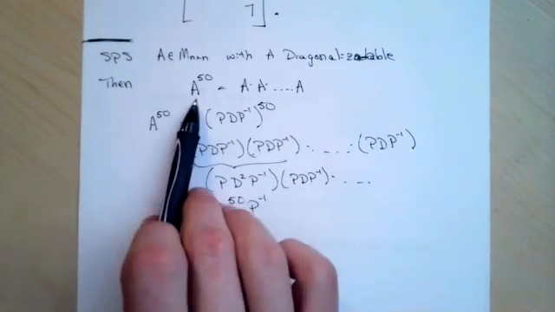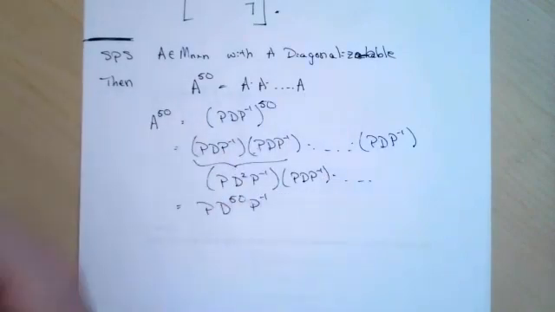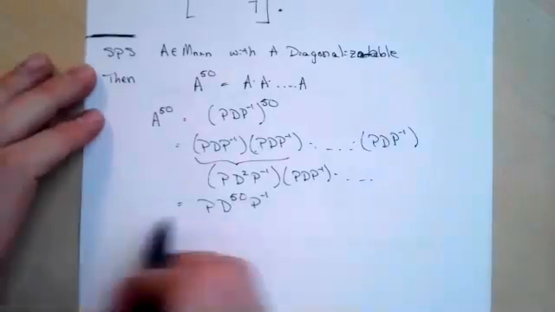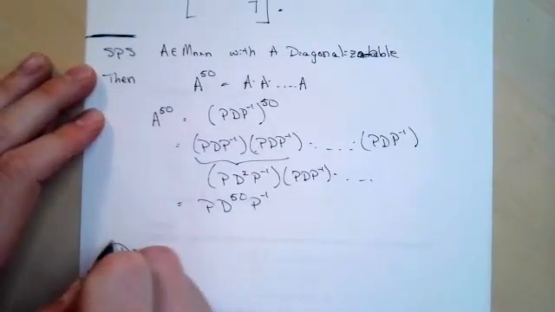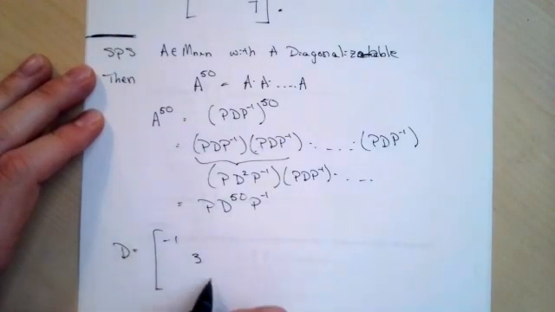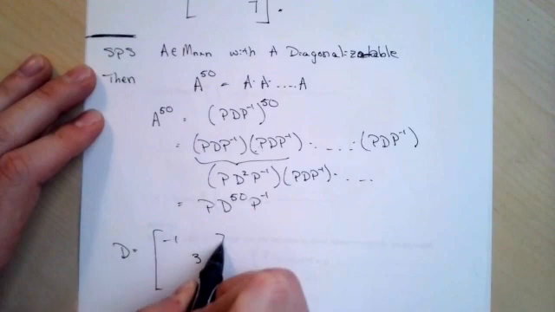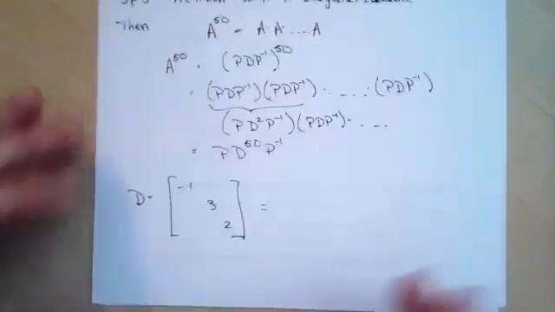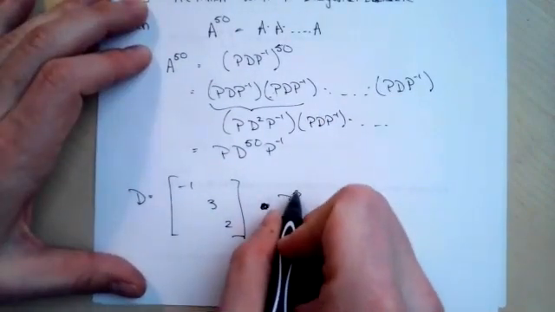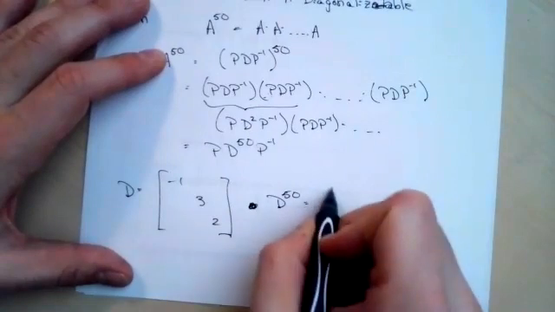So if we want to raise a matrix to a higher power, it's nice when they're diagonalizable, because raising a diagonal matrix to a high power isn't too bad. So let's suppose we have a diagonal matrix, at least in terms of shorthand notation. Of course, we don't want to actually compute out something to the 50th power.